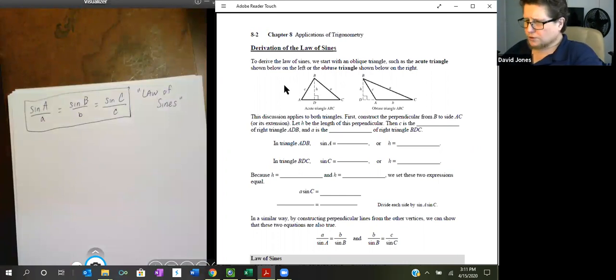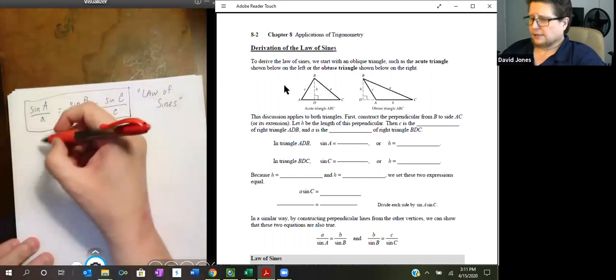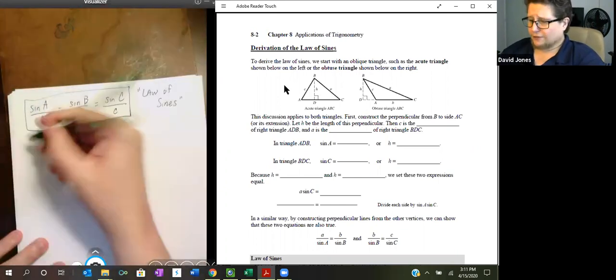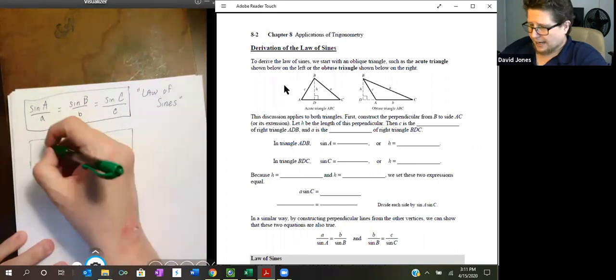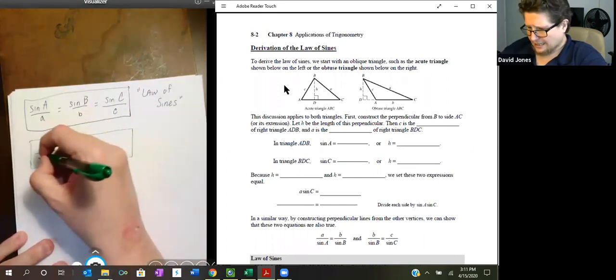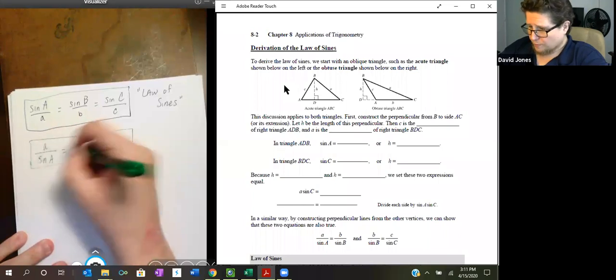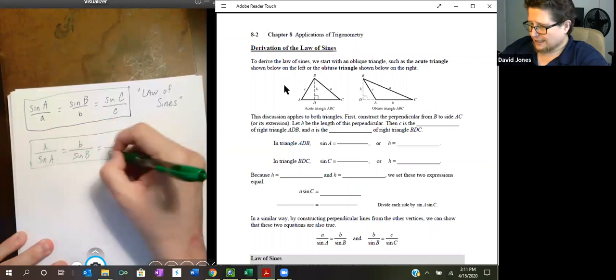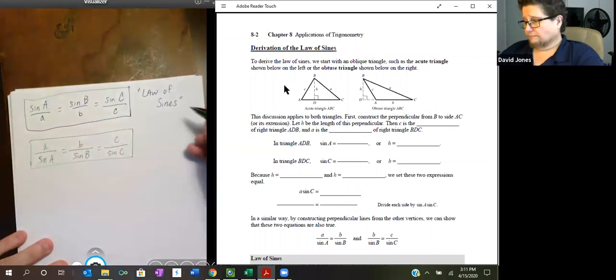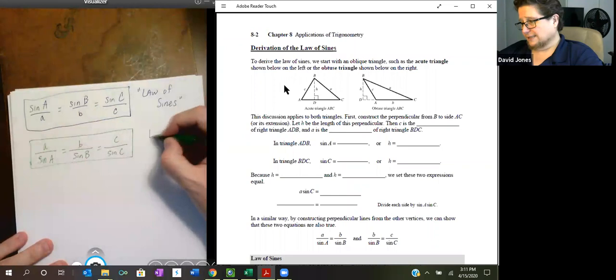This also works with the reciprocal. If we just flip everything over, a over sine A equals b over sine B equals c over sine C. Also law of sines.